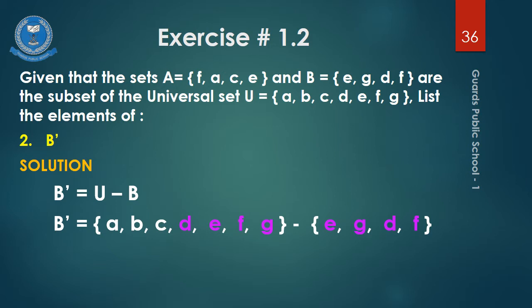Means in the answer, we do not write E, G, D, F which are the members of set B. We will write only the remaining members of the universal set which are not the members of set B. Means in the answer, we will write B complement is equal to A, B and C.